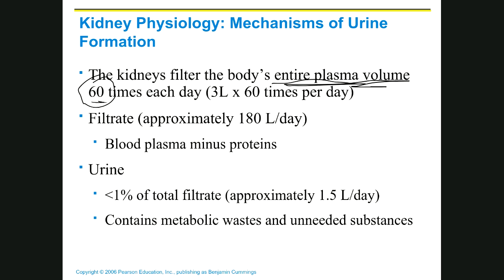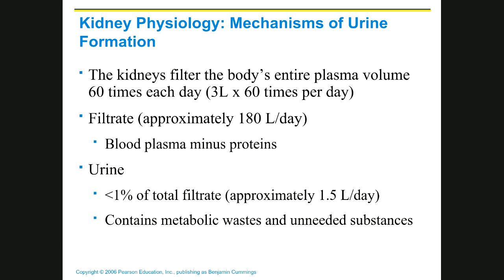If we think about the liquid portion of your blood, remember we have about 5 liters of blood, but about 55% of it is the plasma, the liquid portion. Remember we did this little centrifuge thing. This is about 55%, about 3 liters of fluid.